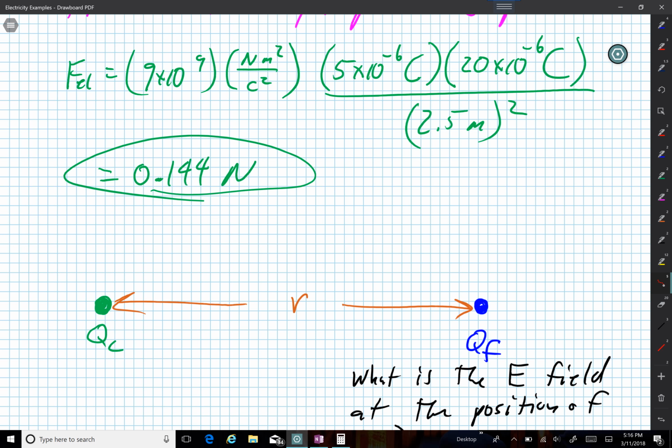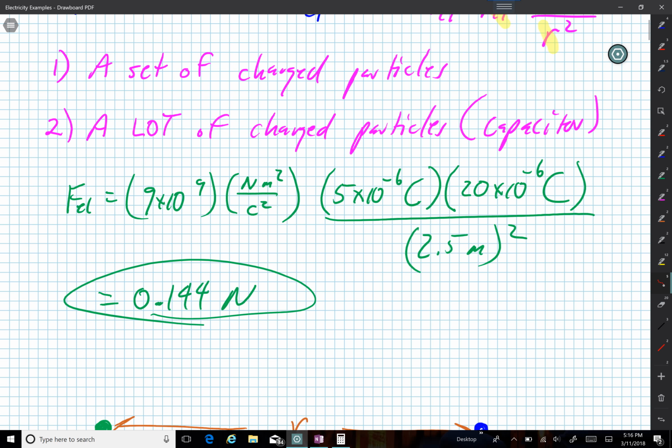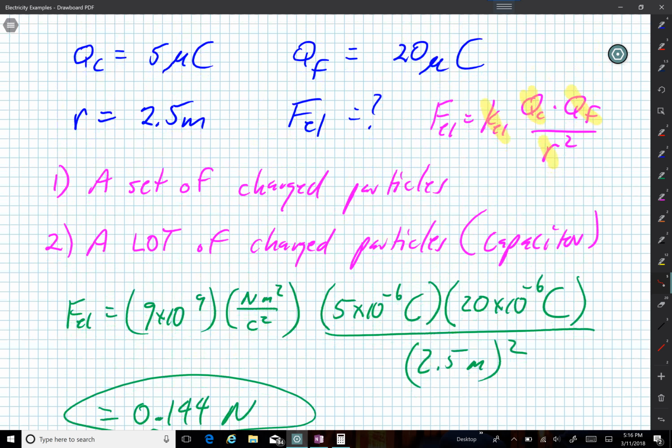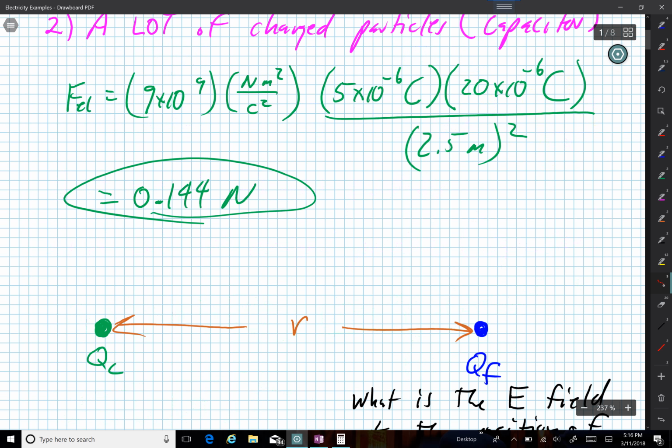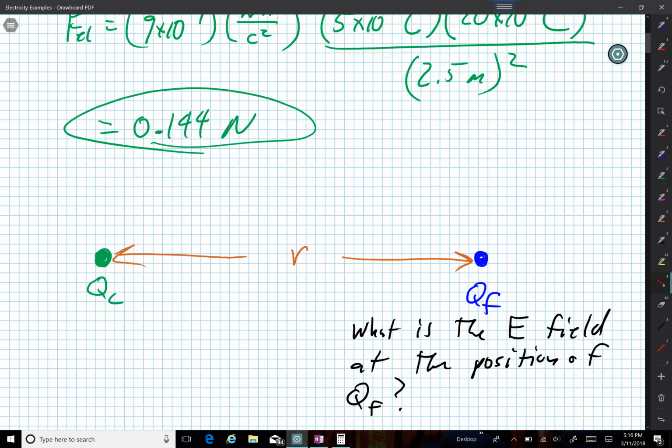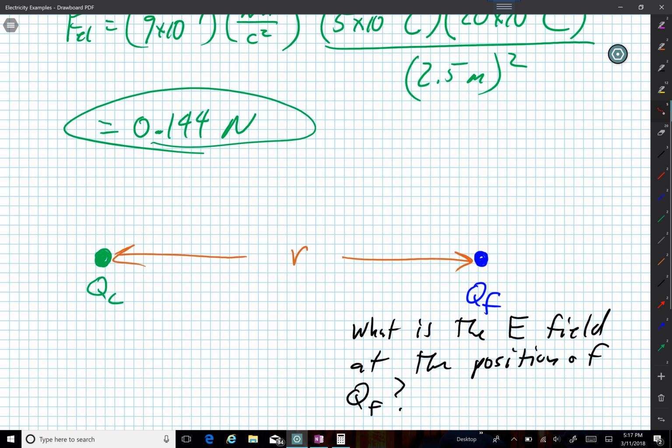And now the question is, is it an attractive force or a repulsive force? Well, look at our two charges. They're both positive. And if they're both positive, we know that the forces are repulsion.